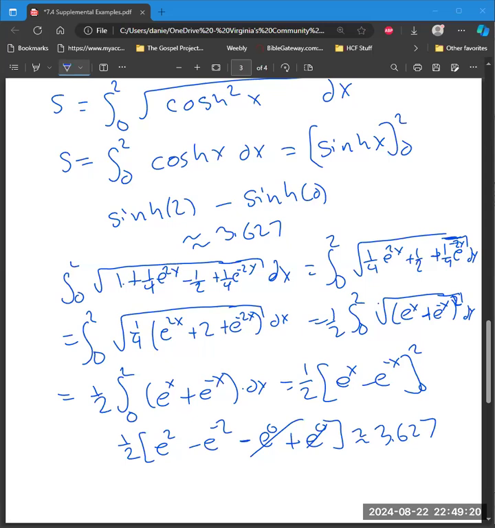Letter S right here. There it is. Sinh 2 minus, and then come back here again, sinh 0. Same thing. Exactly the same thing.